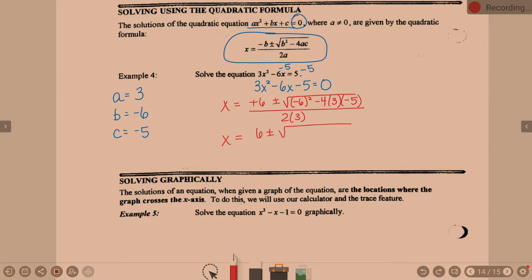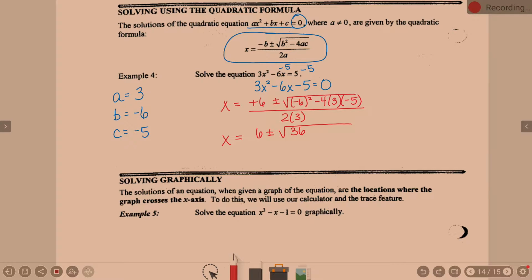6 plus or minus, and let's clean up under the radical. What is -6 squared? It's a positive 36, correct? I saw some people get caught by that on the quiz, where -2 squared was -4 for some of you. So beware, when you square a negative, it has to become a positive.